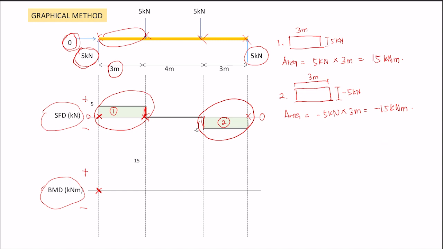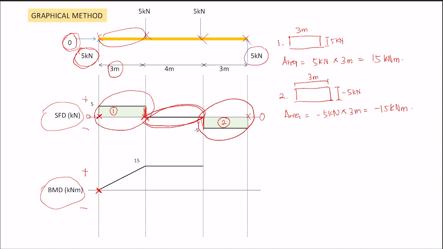And draw a line to connect from the first line to the second line. There is no area along this 4 meter, because your SFD is zero at that point. Then it will go straight. For the second area, along that 3 meter line, the area is negative 15 kilonewton meter.